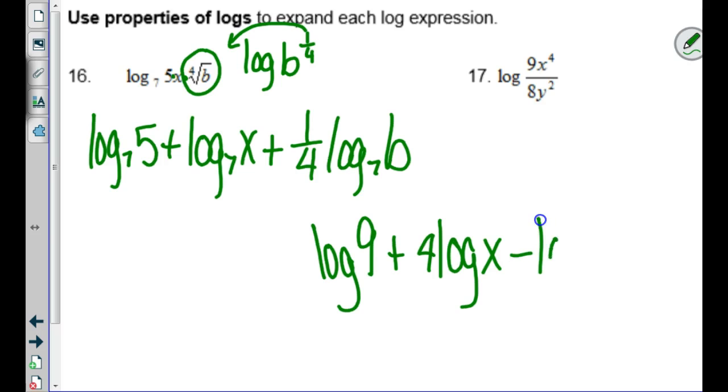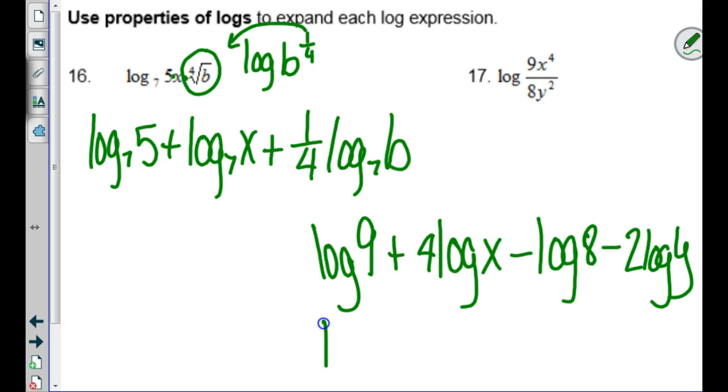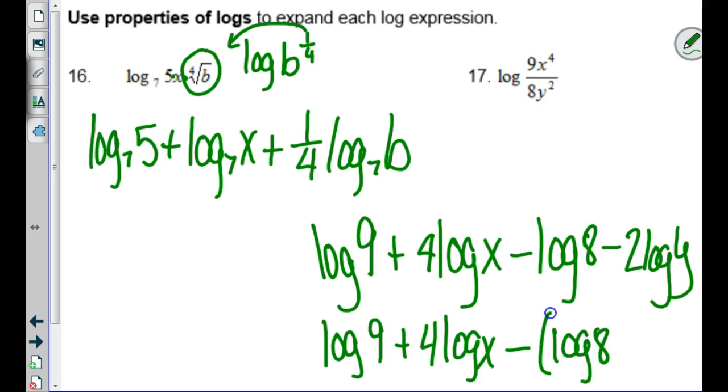Minus log 8. Is there another way I could have written that would be correct? Yeah, I could have said log of 9 plus 4 log of x, and then in the denominator, there's a log 8 times, so plus 2 log y, as long as you have those parentheses indicating all of it is in the denominator, okay? Everybody good with one way or the other?